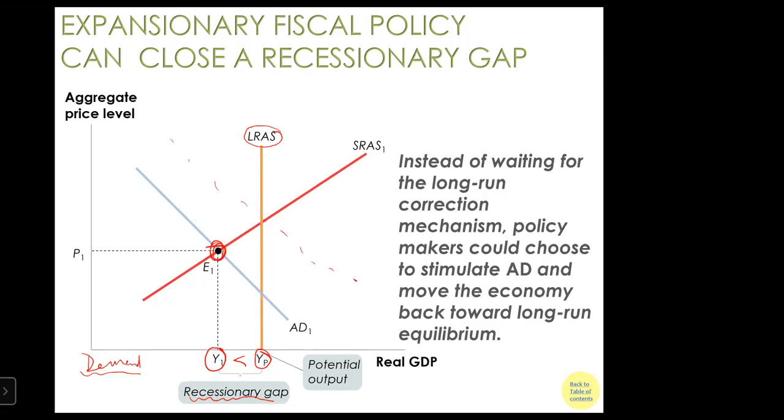Maybe the government can carry out some expansionary fiscal policy, including cutting tax, increasing transfer, or increasing government spending. That's going to lift aggregate demand, and then we can move back to the equilibrium. So this is expansionary fiscal policy.